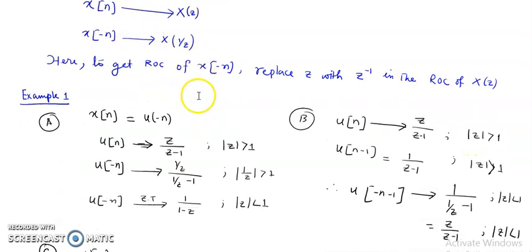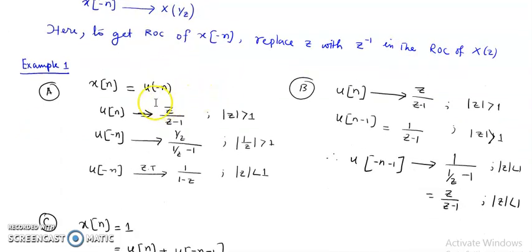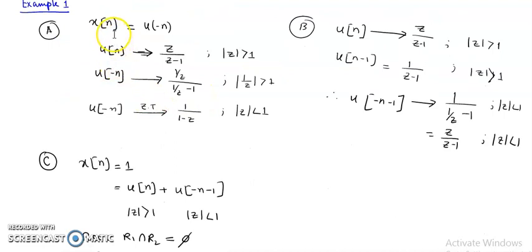Okay. So here, a to the power n u[n] becomes z by z minus a. If you take a equal to 1, then for u[n] the transform is z by z minus 1, and mod z greater than 1 is the ROC.